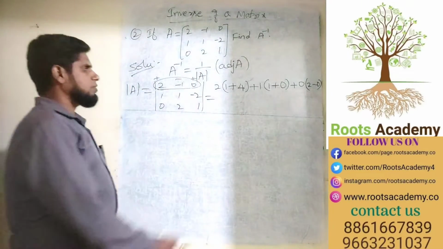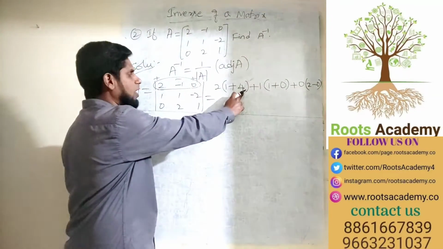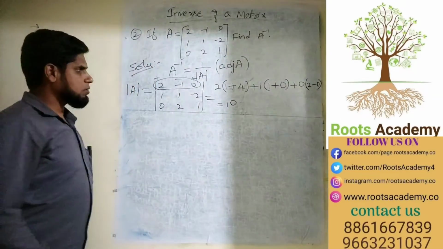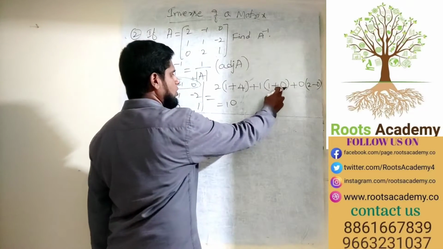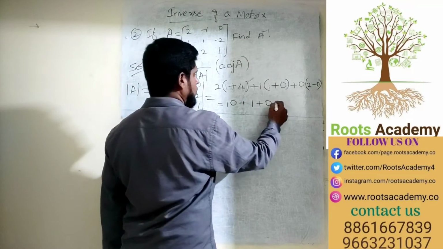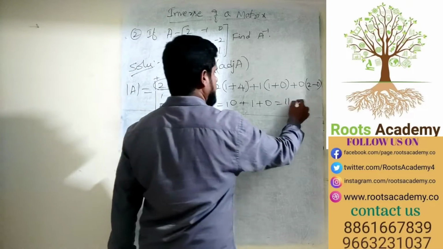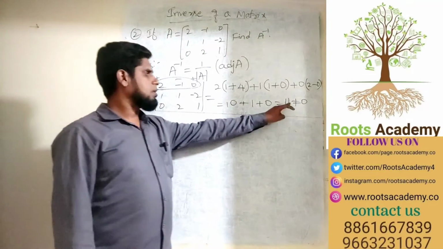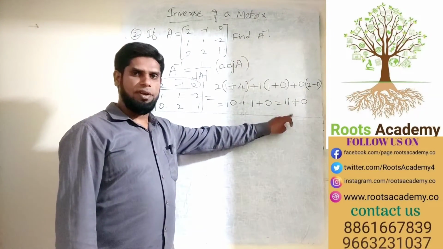So now finally 1 plus 4, it's 5, 5 into 2, it's 10. The next 1 plus 0 is 1, into 1 is 1, plus 0, finally it is 11, which is not equal to 0. So student, this is my determinant and it is 11.